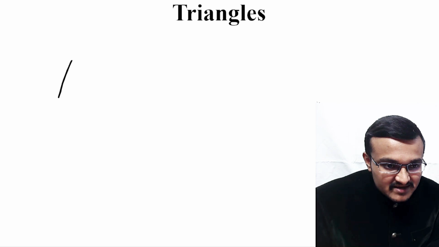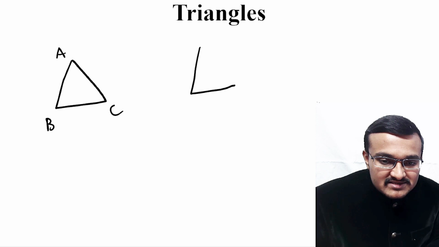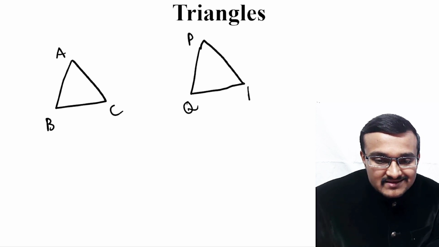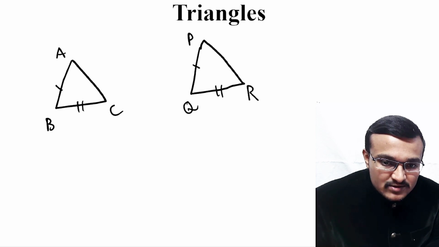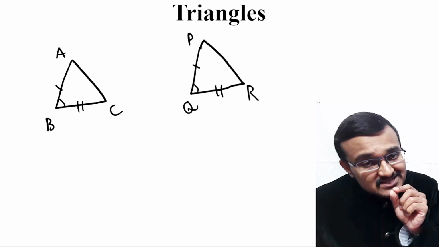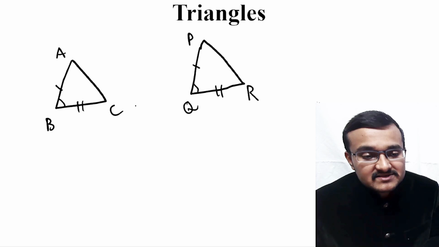So that means here, if I am considering ABC as one triangle, and PQR as another triangle, here if AB and PQ are equal, BC and QR are equal, and angle ABC and angle PQR are equal, then these two triangles are congruent triangles.